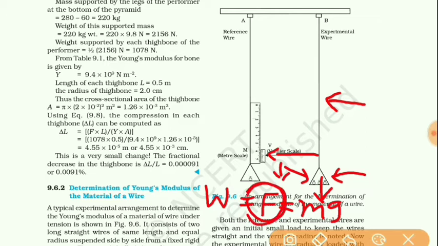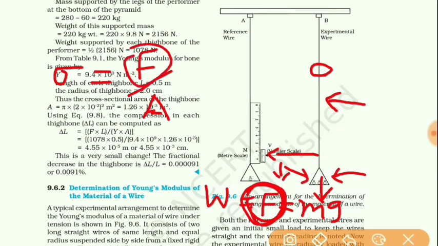When the force is increased, a stress is produced, because you know that stress is force acting per unit area of cross section of this wire. So when the force increases, there is a stress produced, and when the length changes, there is a strain.